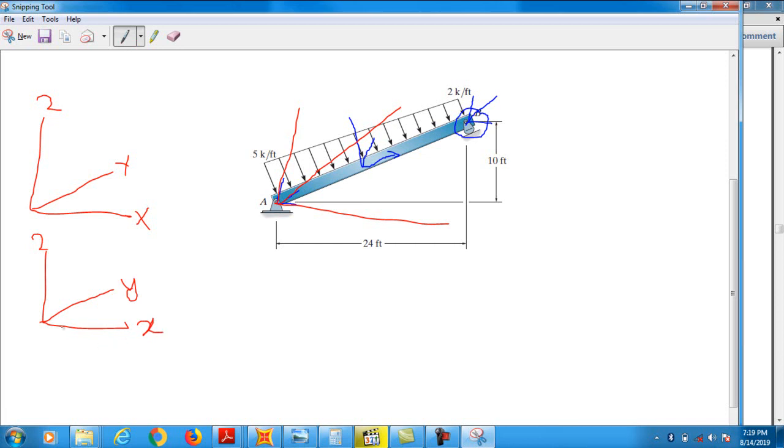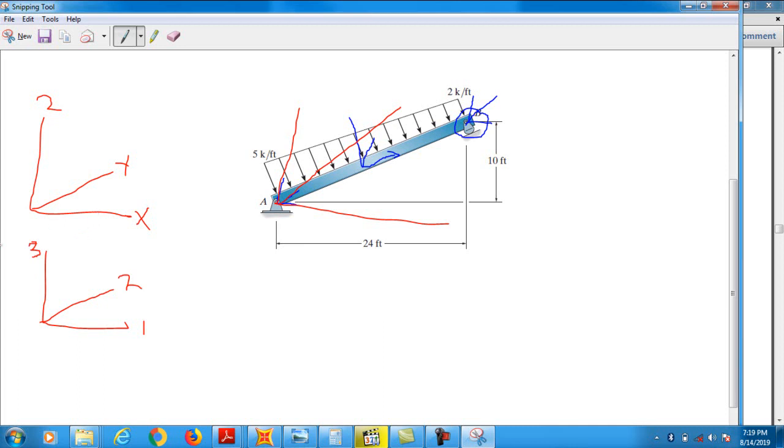Or mostly it is denoted by 1-1, 2-2, and 3-3. Almost always it is denoted by these 1, 2, 3.